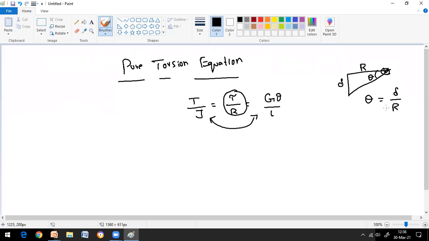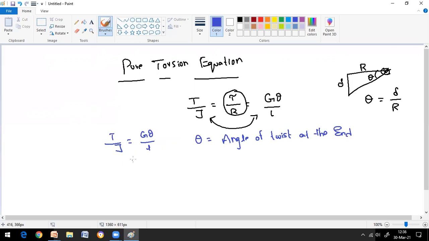From this relation, we can write T by J is equal to G theta by L. So what is theta here? Theta is the angle of twist at the end.